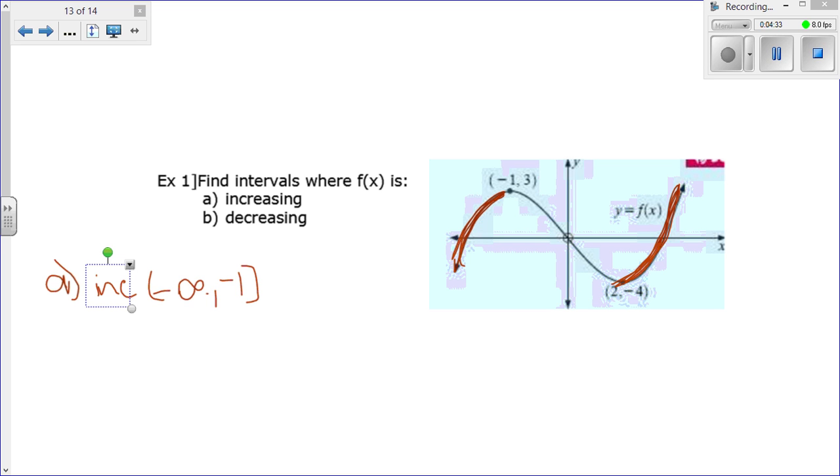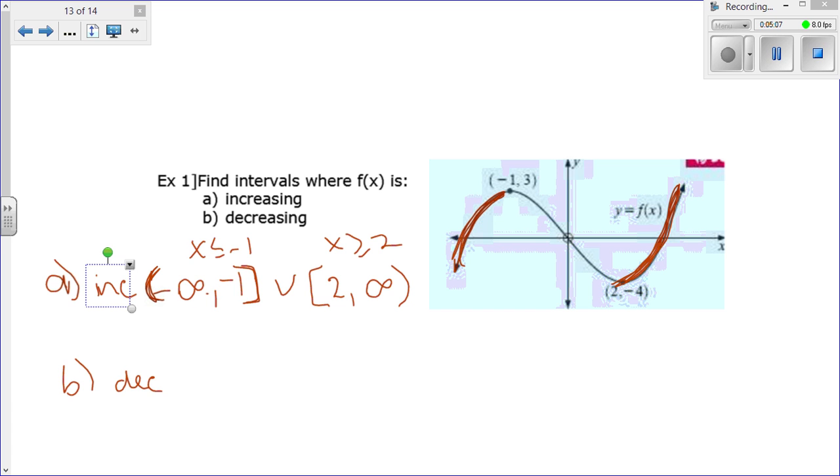I have a soft bracket for infinity because it can't be equal to it. I have hard brackets for something that it's equal to. Union 2 to infinity. Okay, basically what this is saying is x is less than or equal to negative 1, and x is greater than or equal to 2.